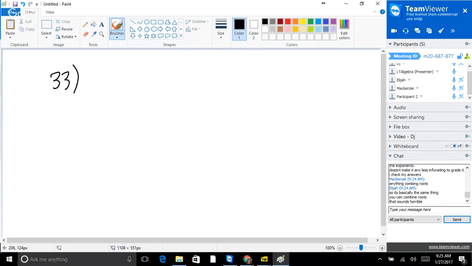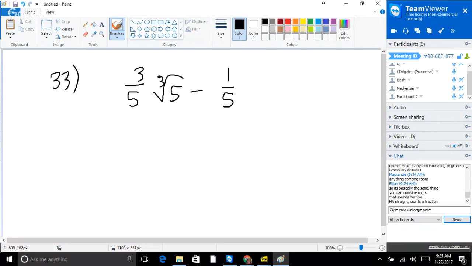this is even if you don't like roots at all, this one I think is pretty straightforward to understand. So 3/5 cube root of 5 minus 1/5 cube root of 5. Okay, so what we want to do is we notice that we have cube root of 5, cube root of 5, right?